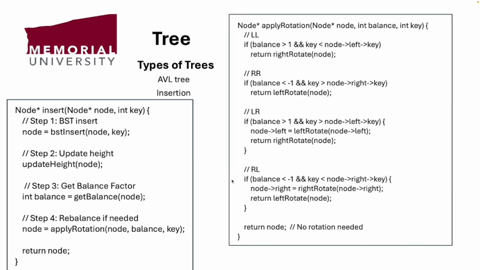This is regarding rotation. Yesterday we gave some conditions, which condition applies to which kind of rotation. On the program side, each condition processes the corresponding rotation. First, if the balance is greater than 1 and the key is less than node left key, this means it's left heavy, so it processes the right rotation.